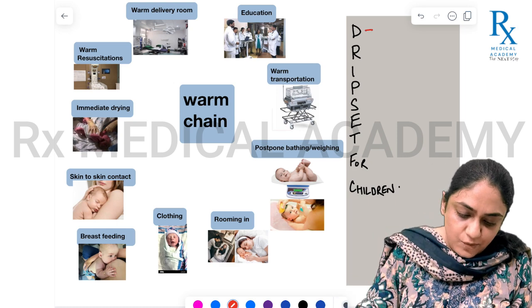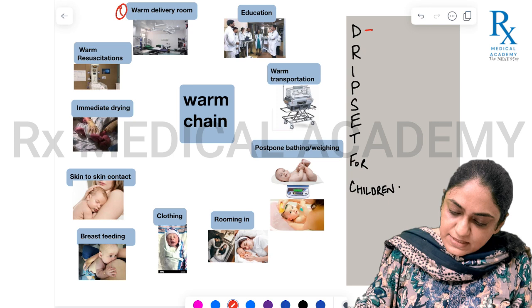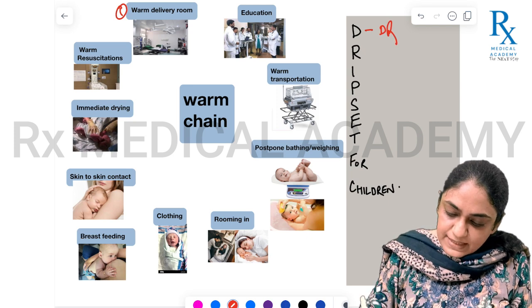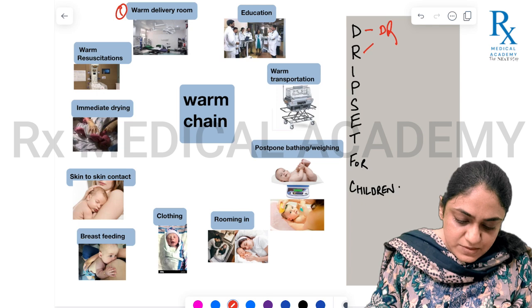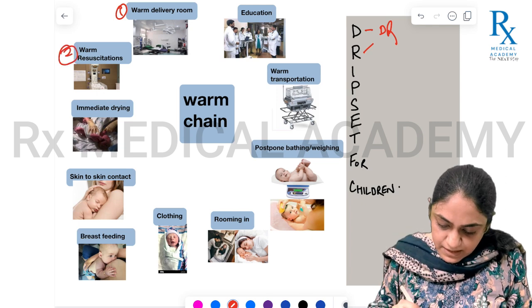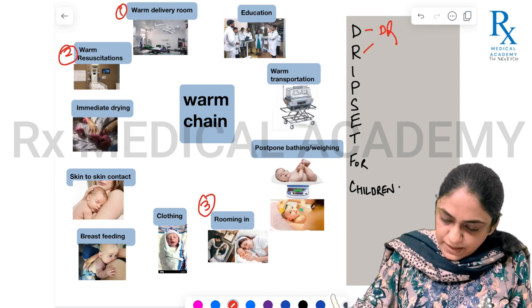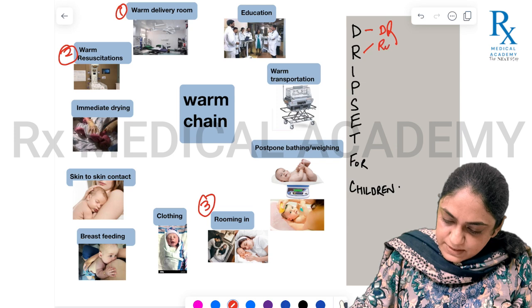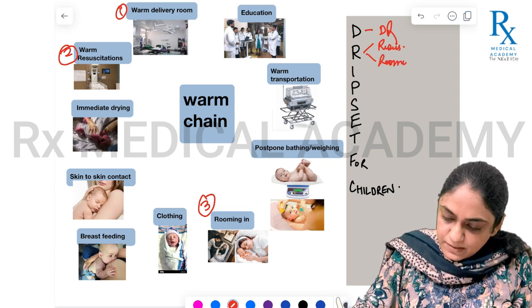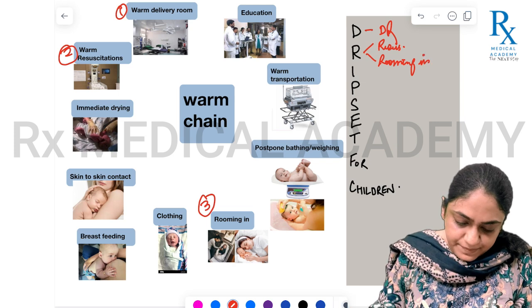D for warm delivery room. So this is D for delivery room. Second is R. In DRIP, the second is R. So second is warm resuscitation, and there is another one, rooming in. So resuscitation as well as rooming in.